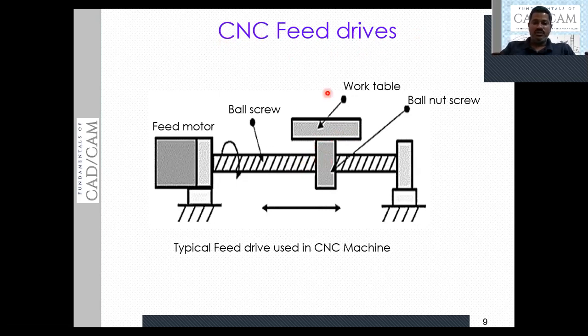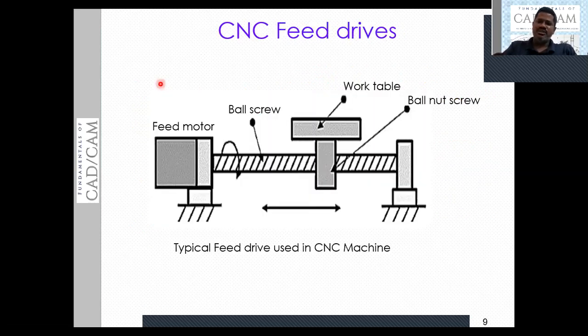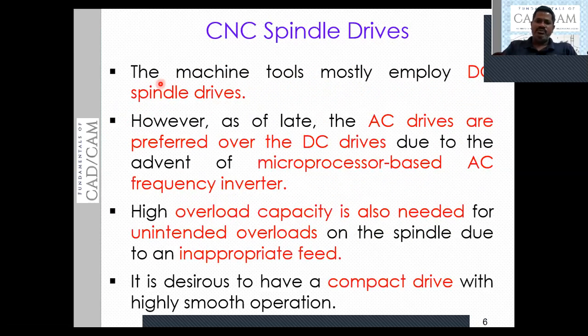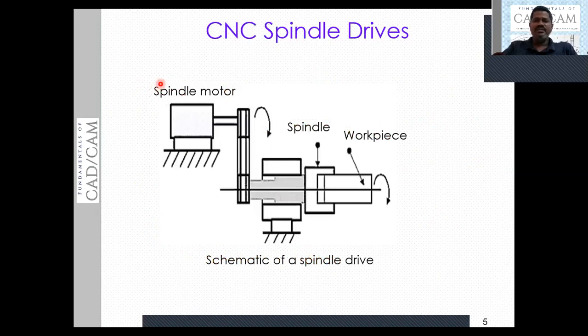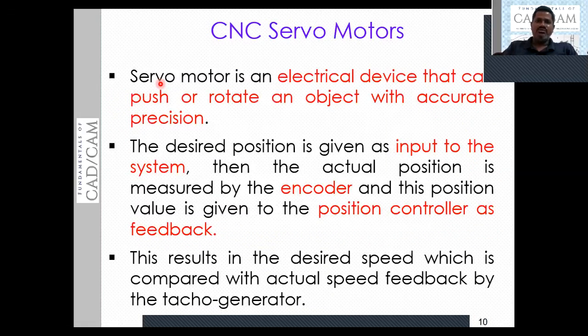Let me move forward to discuss the servo motors. A servo motor is an electrical device that can push or rotate an object with accurate precision. As I said just now, every drive, whether you take the feed drive or the spindle drive, has a motor, so we need to see something about servo motors.